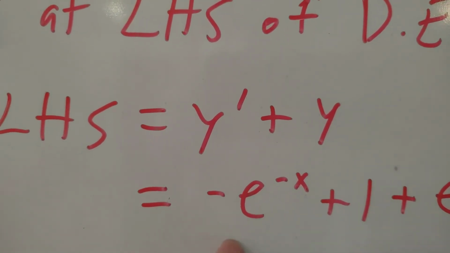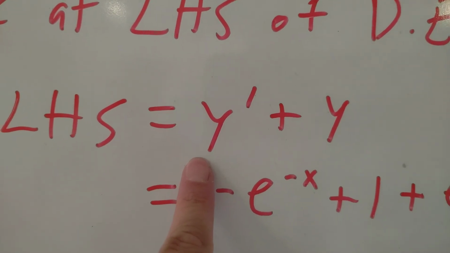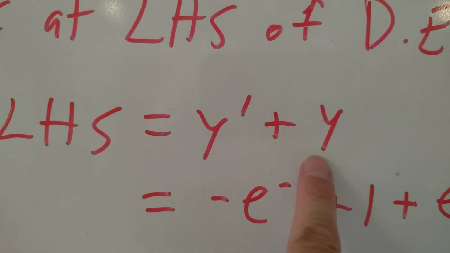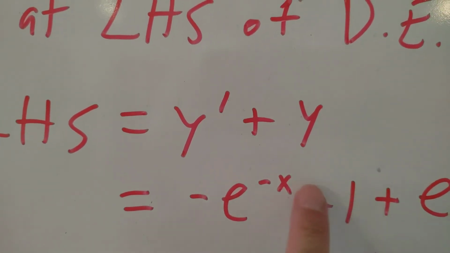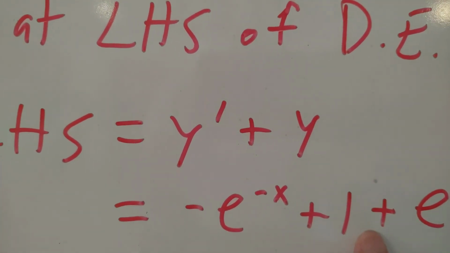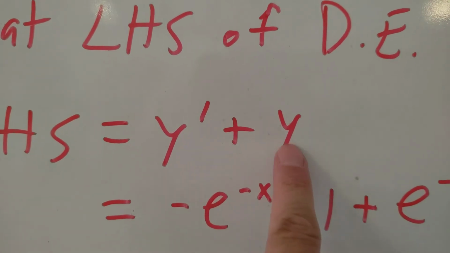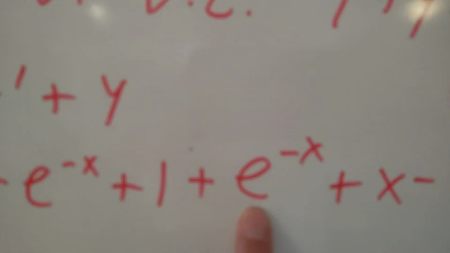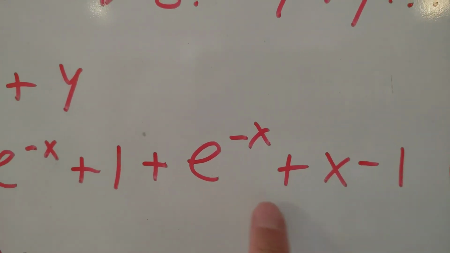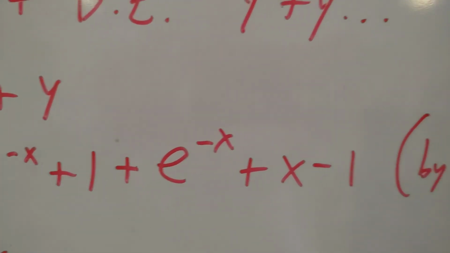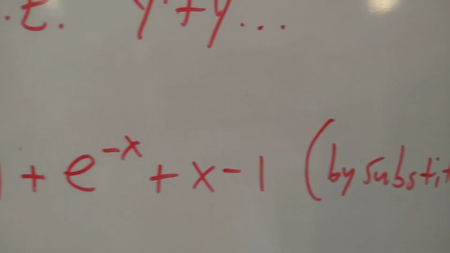So these two terms are y prime by substitution, plus, and then for y, I'm going to write what they gave us y to be. So plus, and by substitution, instead of writing y, I'm going to write e to the negative x plus x minus 1, because that's what y was given as in our problem. And we did that by substitution.